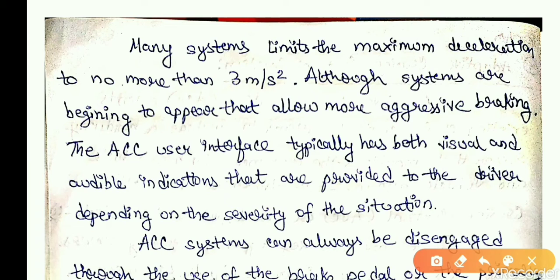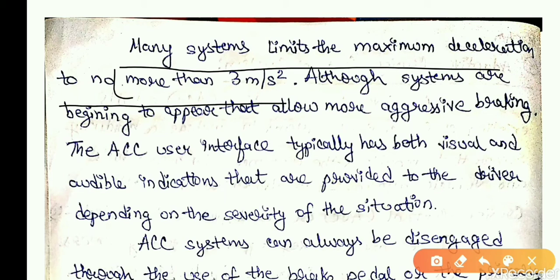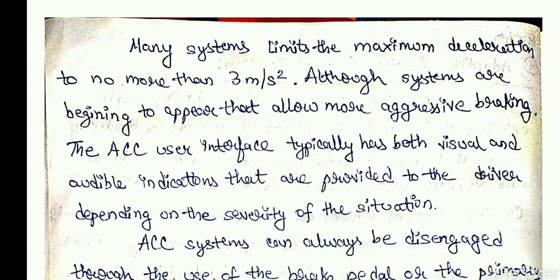Now see how this operates. It's written that many systems limit the maximum deceleration to not more than 3 meter per second square. That means the deceleration rate should not be more than 3 meter per second square. Deceleration is the opposite of acceleration. It retards acceleration.